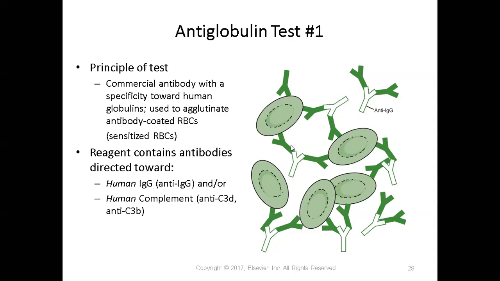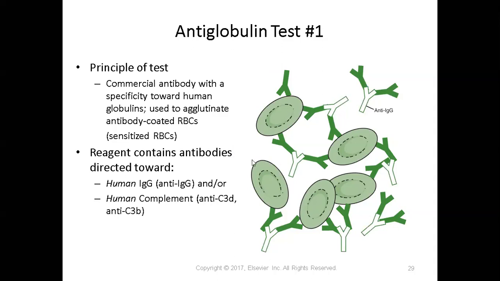And then look and see what happens. This is a great picture down here. Now we're getting cross-linking, right? The anti-IgG links onto a human IgG here, one target, one of its binding sites here, and now we're getting cross-linking. So now we're able to visualize through agglutination, we're going to get this lattice network. We're able to see that this sensitization occurred. Okay? So these antiglobulin reagents are tools that we use in our toolbox to help detect sensitization that we may not be able to visualize.